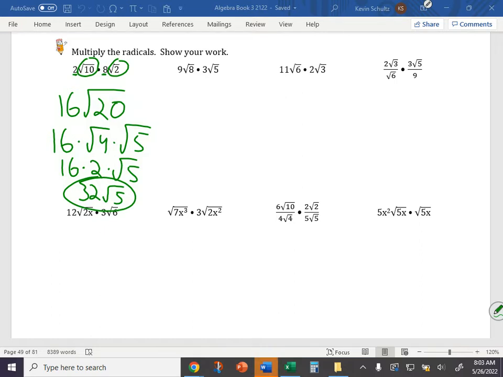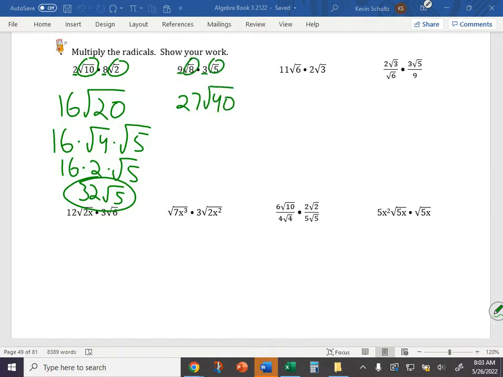Perfect. The next one, 9 root 8 times 3 root 5. Raise your hand if you can walk me through our process for this. Burgess, go ahead. 27. Yep. 9 and 3, you multiply to 27. Yep. 8 and 5 is 40. Okay.